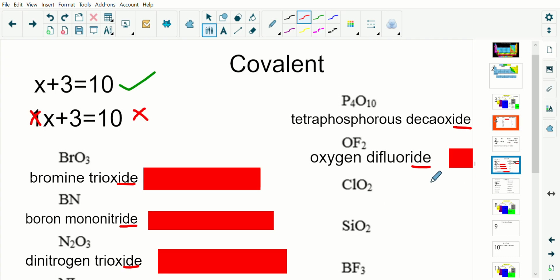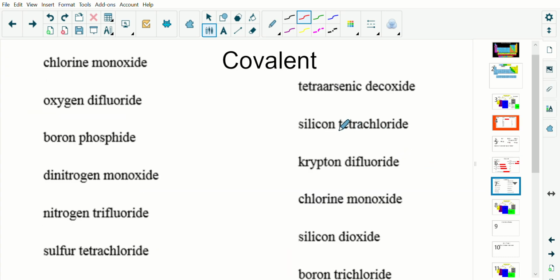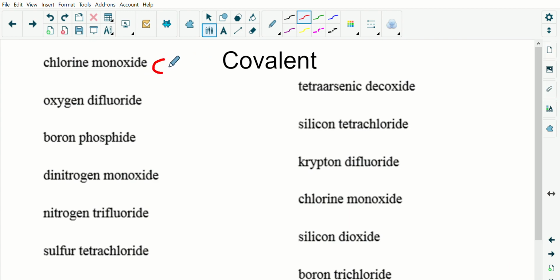And those are here. When you're going the other way around, this one a lot of people think is easier because you just have to follow what it says. So for example, chlorine monoxide. Please forgive my handwriting. There's nothing there, so it's just 1 chlorine, and mono means 1. Oxide is oxygen, so it's just ClO.